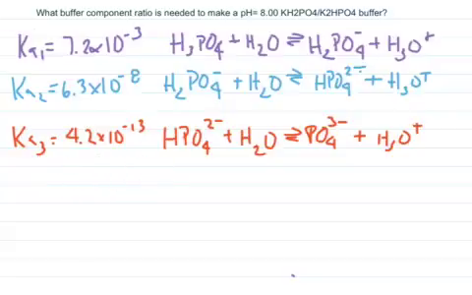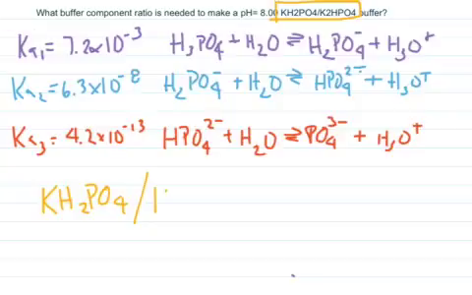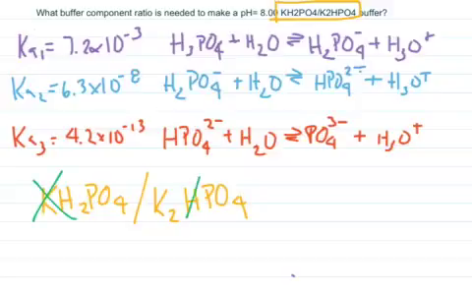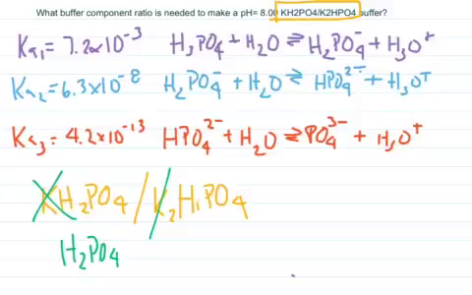Now, which one can we use? Well, we need to look at the buffer. We know we have KH2PO4 and K2HPO4. When we get rid of the cation, we are left with H2PO4 minus over HPO4 2 minus.